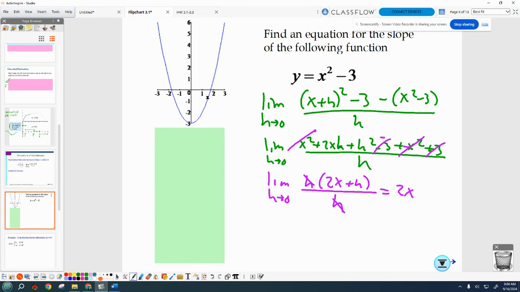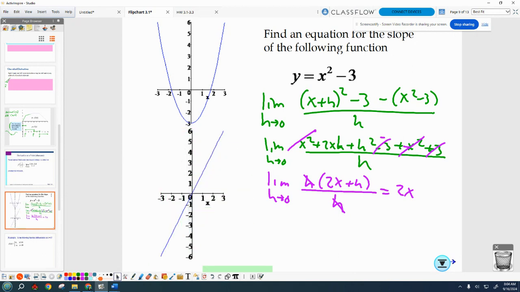So I got the slope at any point is 2x, which is that graph.